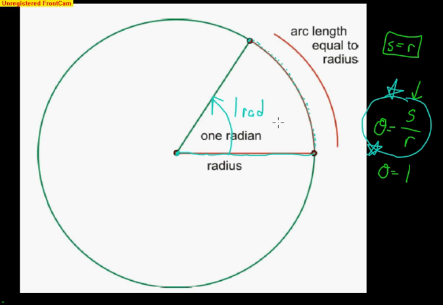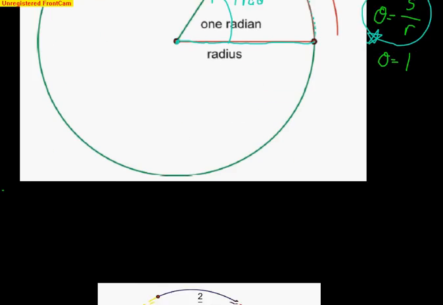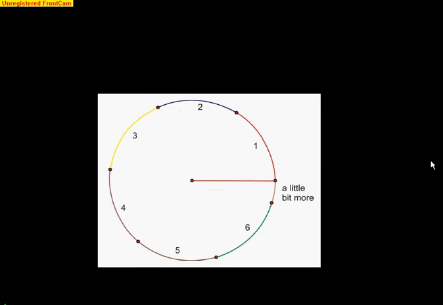So the next thing we'll talk about is, how many radians are in a full circle? Because everybody knows there's 360 degrees in a full circle. Well, this picture shows us how many radians there are in a circle. So here's 1 radian right here. Again, this is when this distance, the radius, is equal to that arc length.